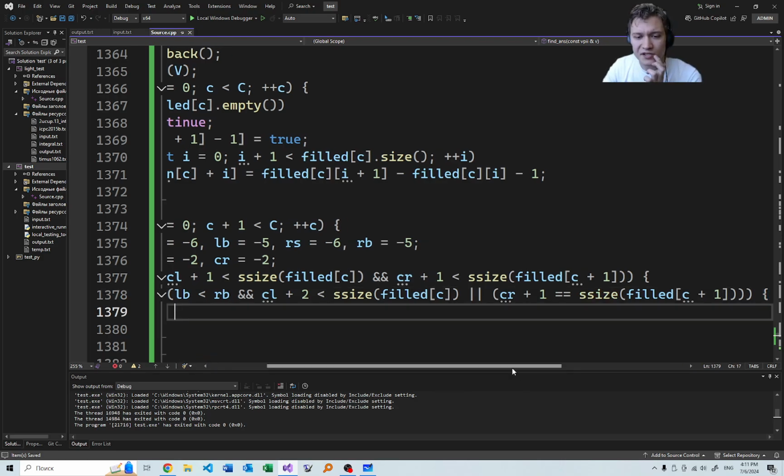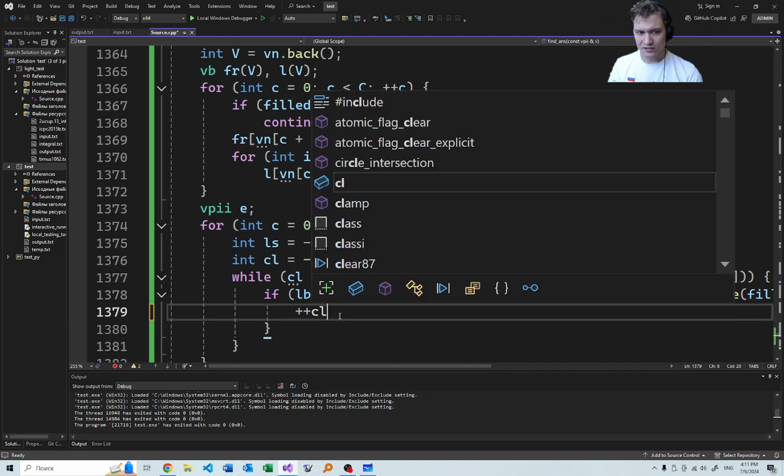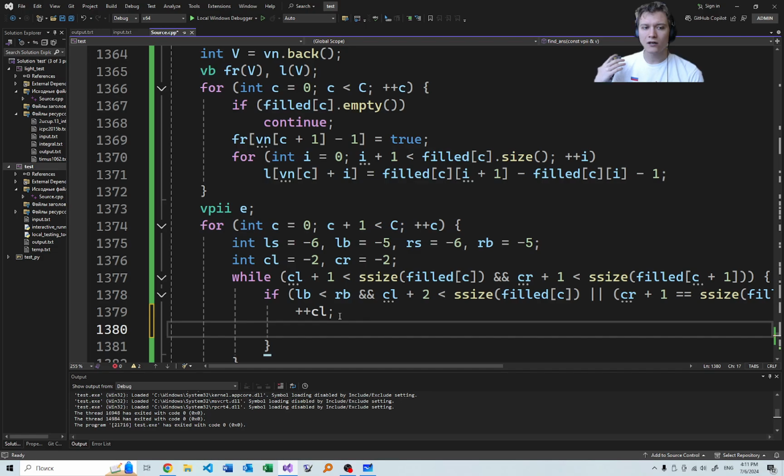Okay, here we want to increase the left one. So how do we increase the left one? We say that CL is increased. Now L small is actually L big.